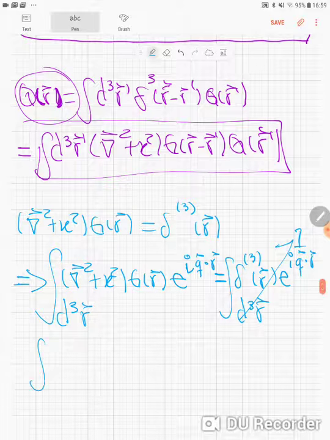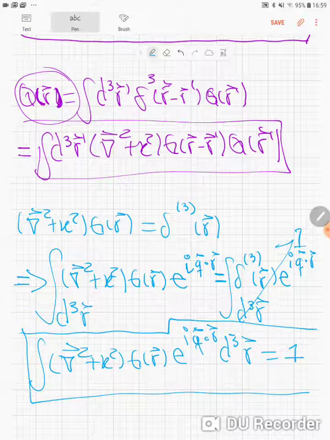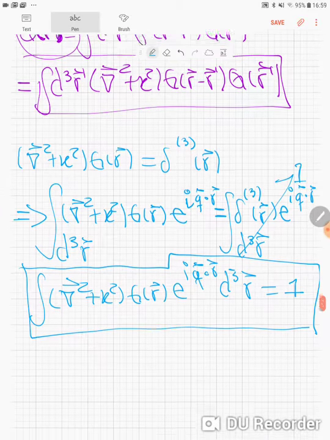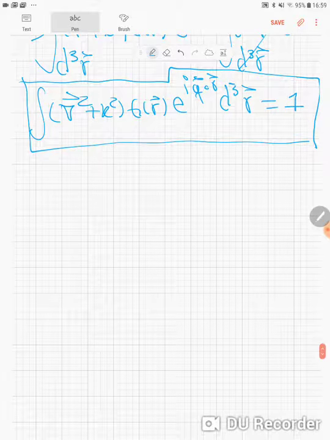And then we will have an equation which is nabla square plus kappa square G of r e to the i q dot r d3r equal 1. This is our new equation, and from this equation we might start getting ready to solve the Green's function.